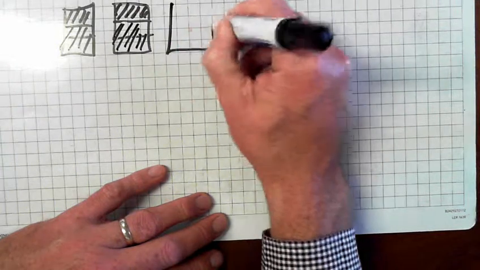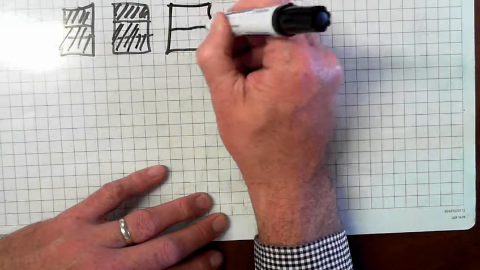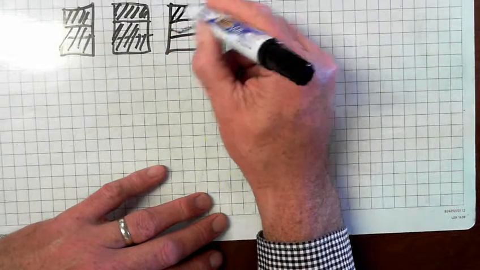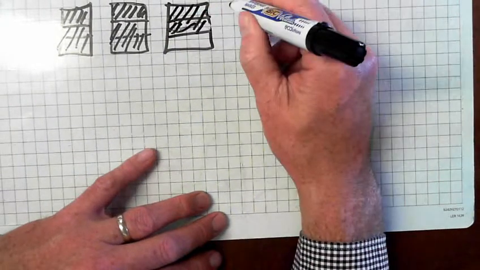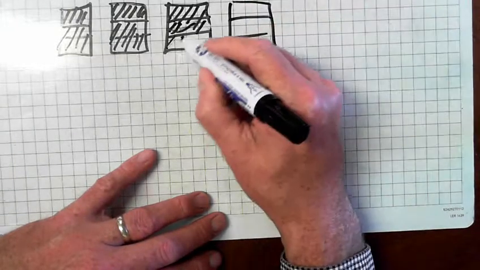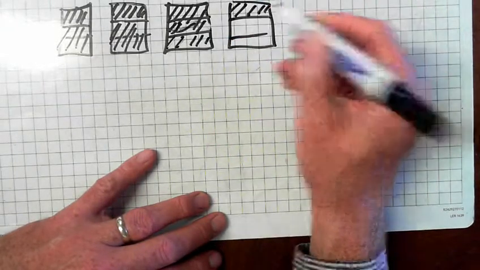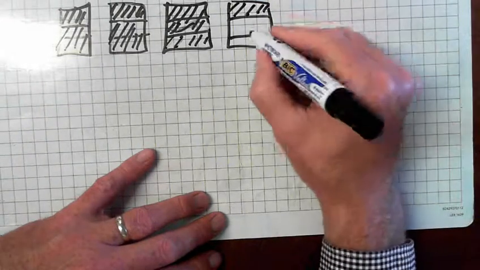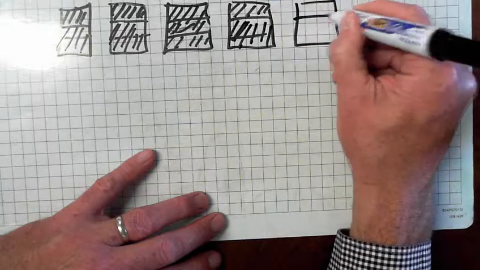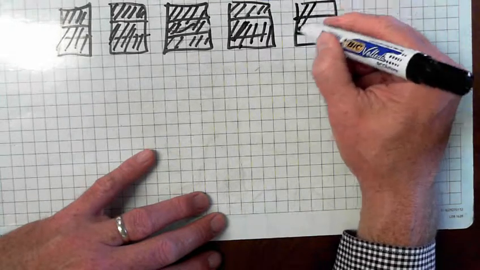On the fourth day he eats another 2/3. On the fifth day he eats that bit and that bit, another 2/3. Sixth day he eats those 2, and then on the 7th day he eats those 2.